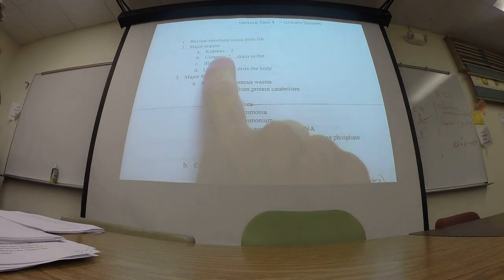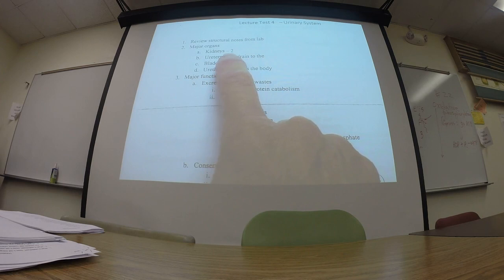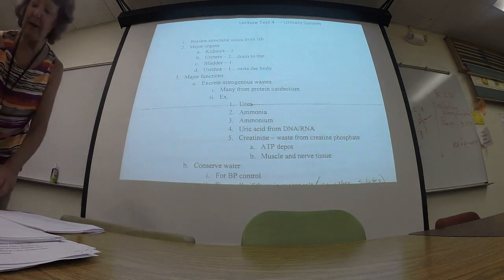This is a fairly simplistic organ system. 2 kidneys usually. There are people that have just one centralized kidney that never divided, and they're perfectly normal. You can live fine with 1 kidney. 2 ureters to drain the 2 kidneys, to your bladder.